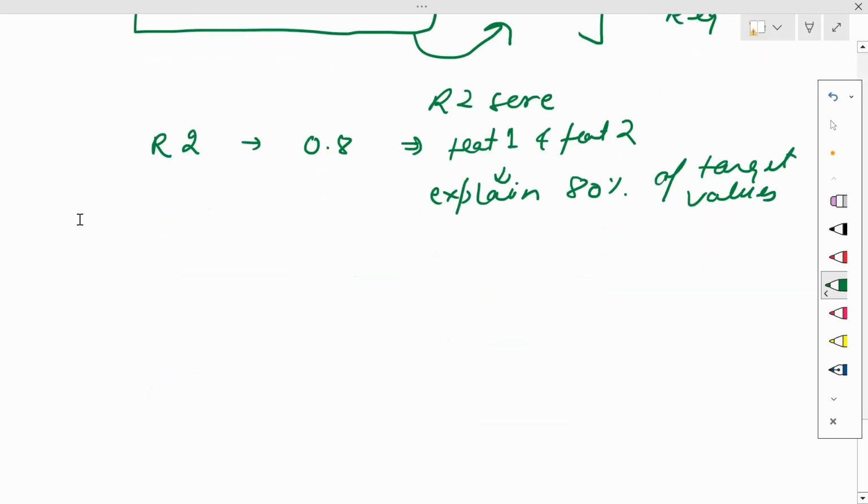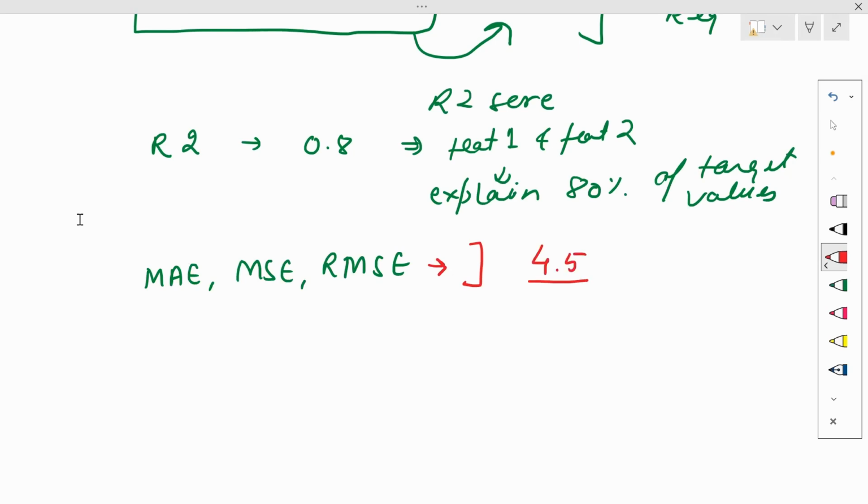So until now, the other three metrics which we read were dependent on the context. For example, MAE, MSE, or root mean square error. If the result is coming to 4.5, that is 4.5 deviation from the actual values. Now, 4.5 can be a huge number in some cases for sensitive areas, whereas for some other broader categories, 4.5 might be a very small number and can be ignored.